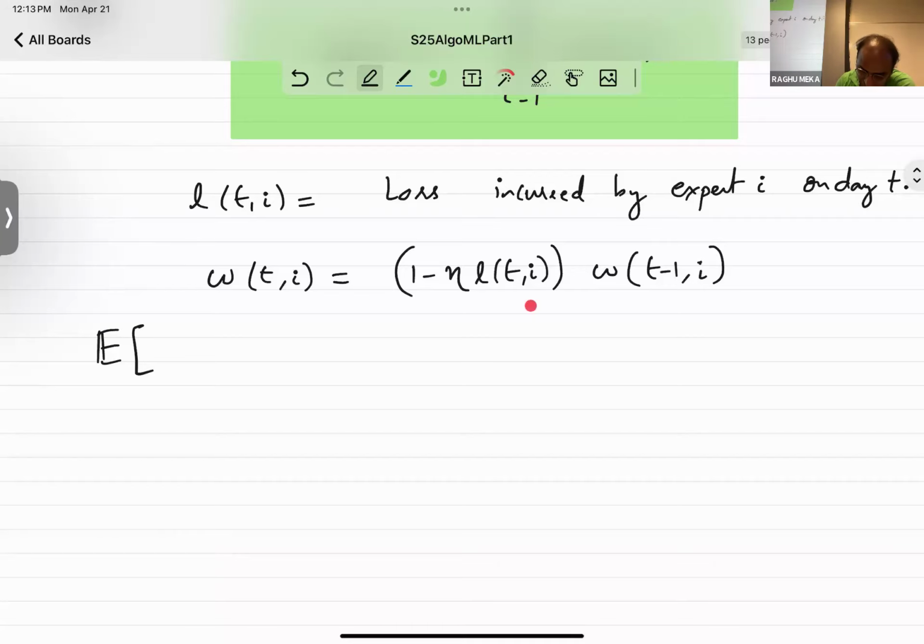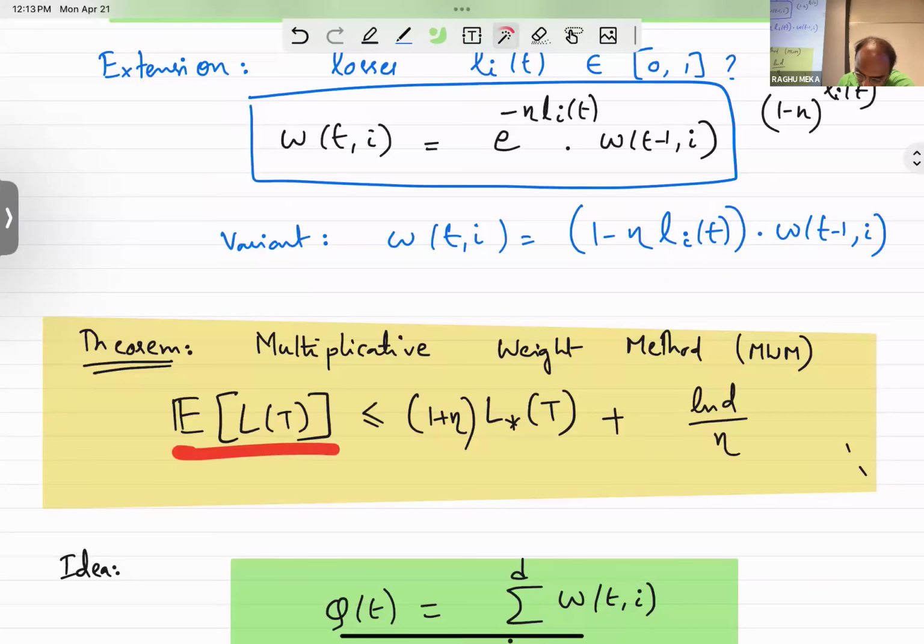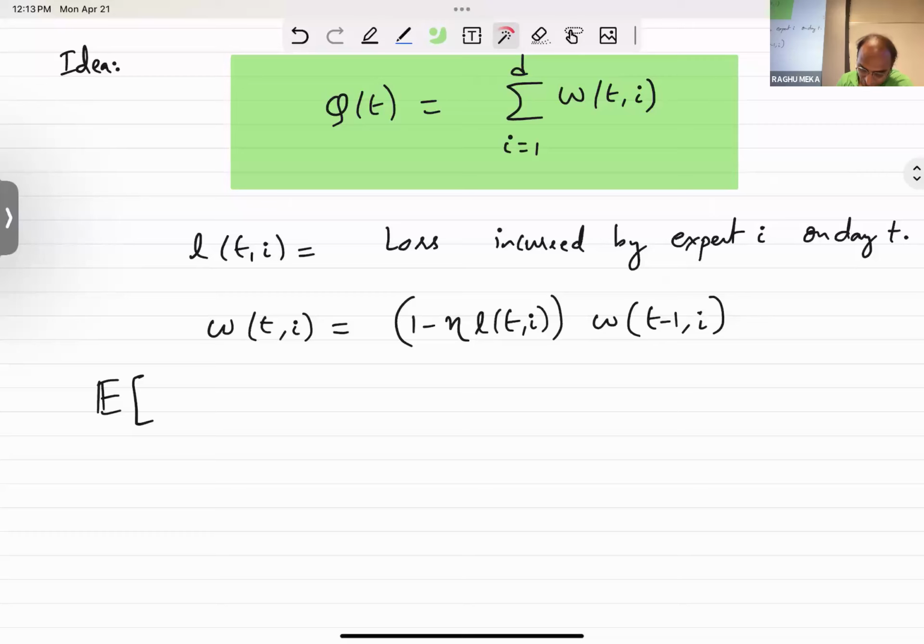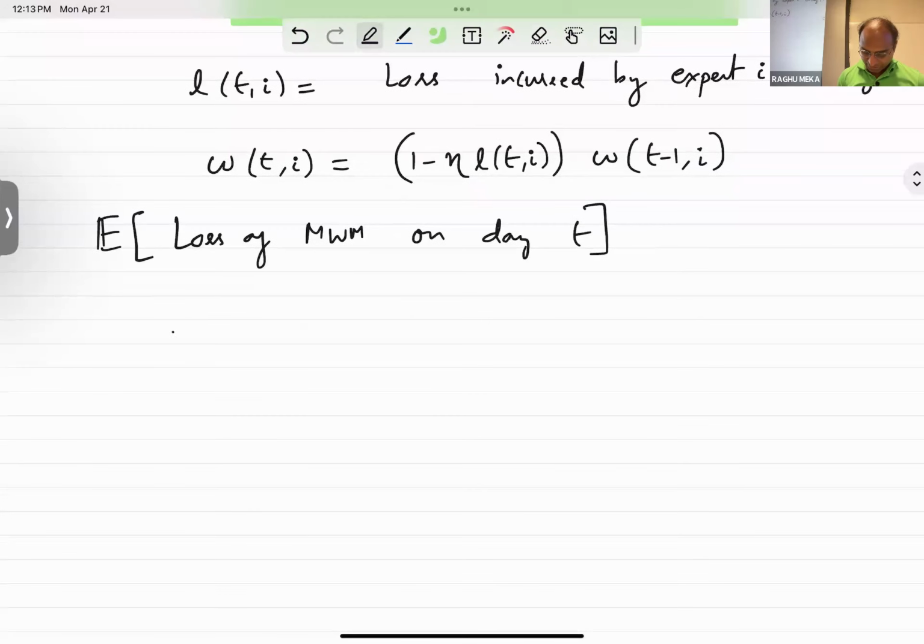So what do we want to control? We want to control the total loss that we incur. So we will analyze the loss per single day: the expected loss of MWM on day t. How much loss do we incur? Well, we're going to pick each expert with some probability. We have d experts.